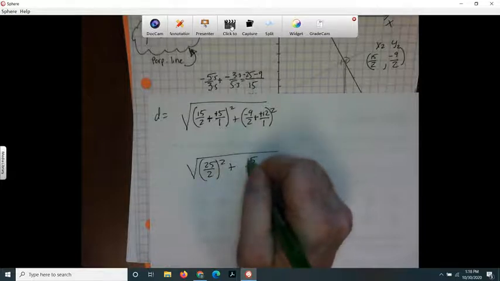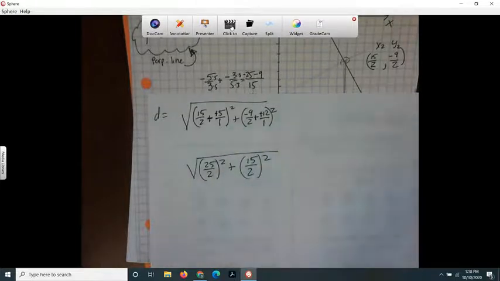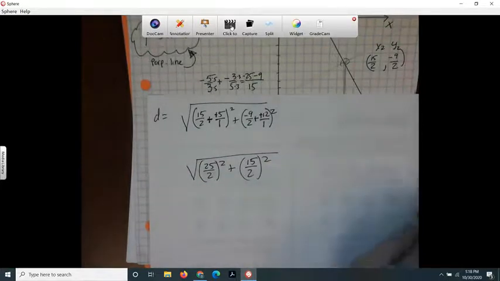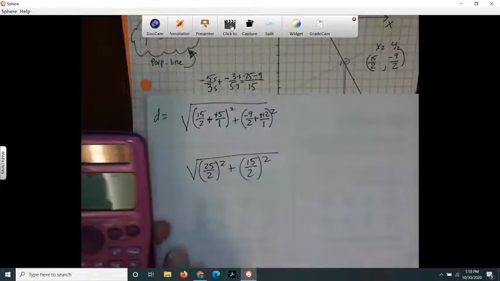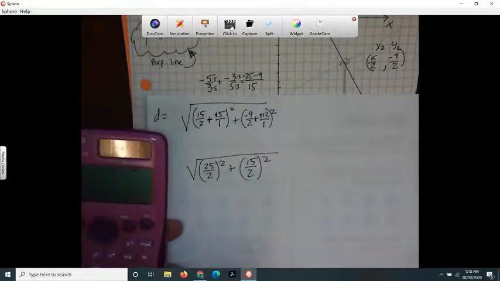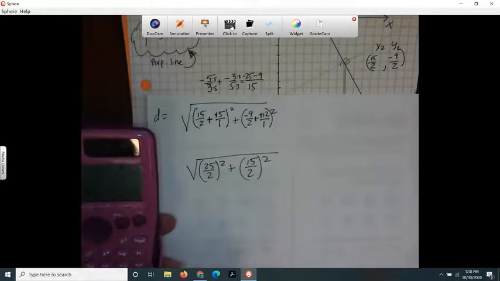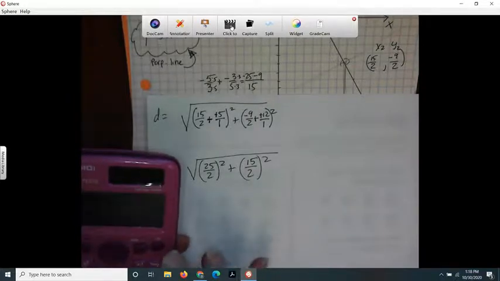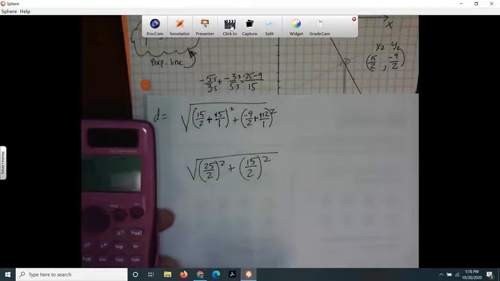I mean, I could just let my calculator do this. I'm going to go ahead and just let my calculator do the rest of this work. So I'm going to take the square root. I don't know if you can see that.